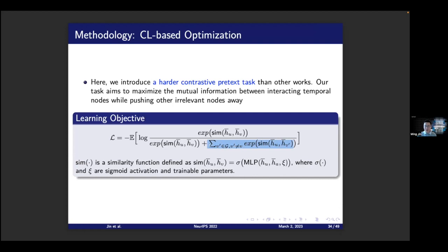You cannot explore all of the nodes in the dynamic graph, because there are too many node pairs to be explored. So we have a certain number of negatives to be set at the implementation stage. The function SIM here denotes the similarity function, and it can be any similarity function that you can use, for example, a very naive sigmoid-activated linear mapping. A non-linear mapping can also be used here.